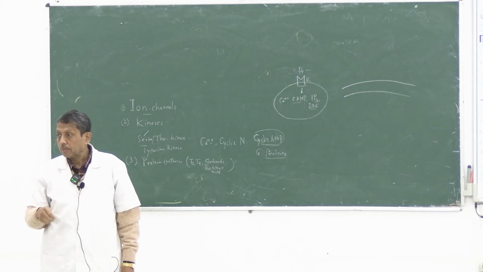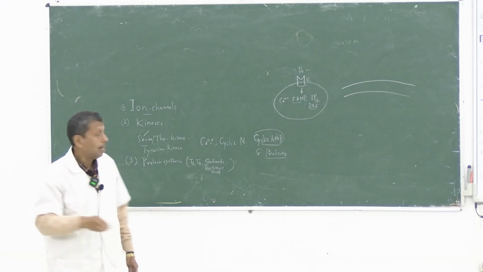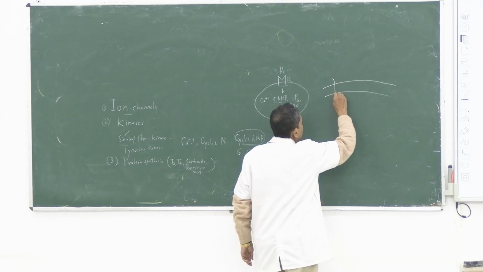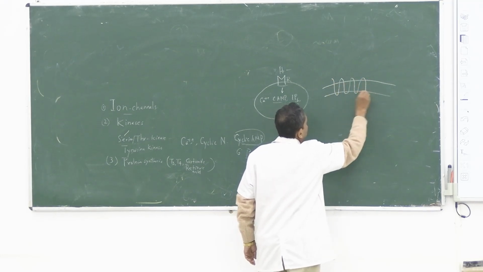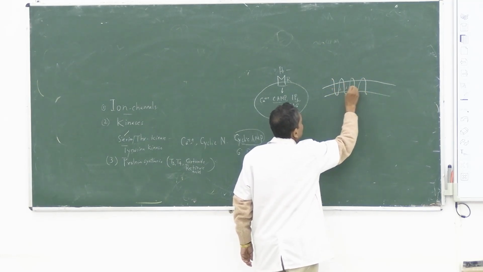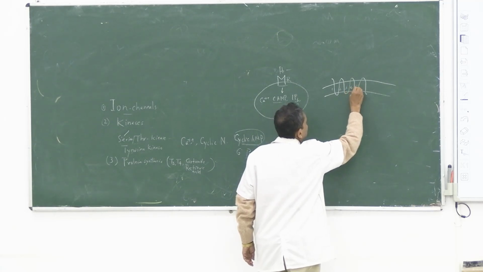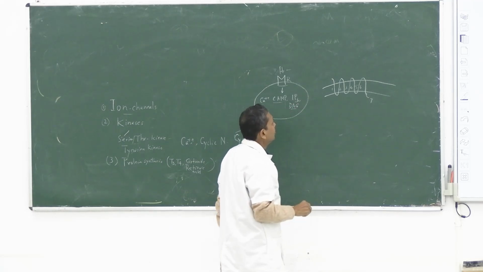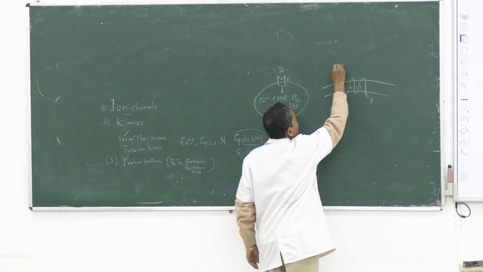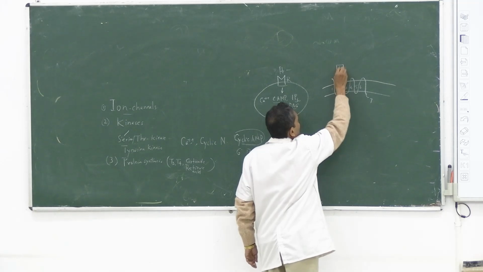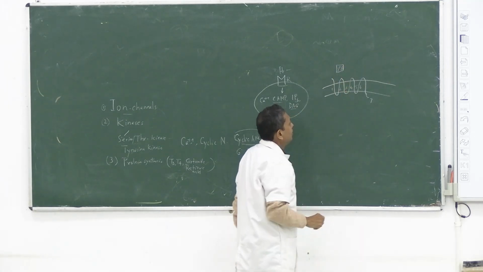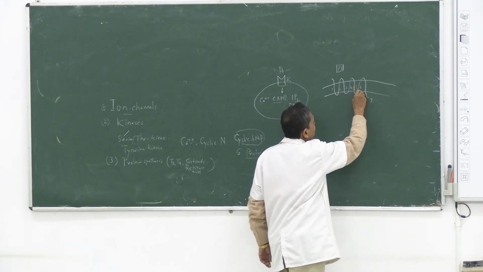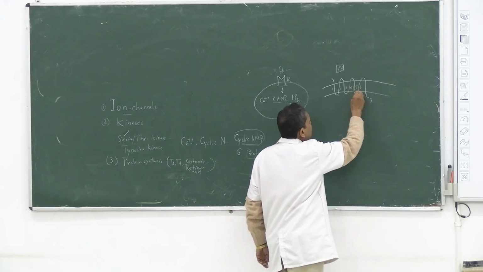They are coiled in this way, with the N terminal outside: 1, 2, 3, 4, 5, 6 and 7. When the ligand or hormone binds with it, in the third loop there is a connection with the G proteins.